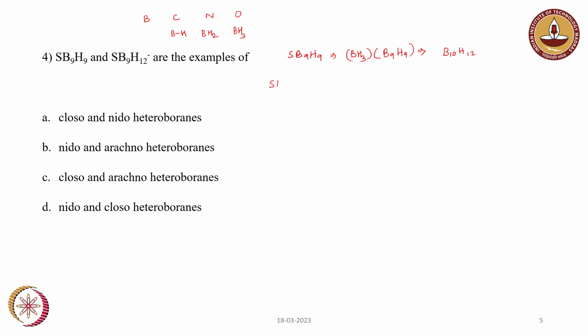So calculating SCP, there are 10 boron, 10 into 3 plus 12 hydrogen and 10 BH2 groups.